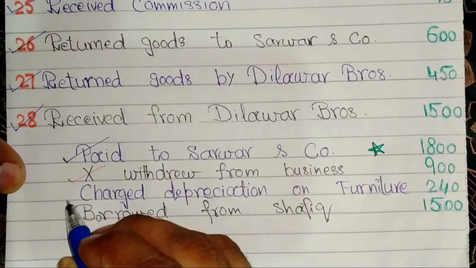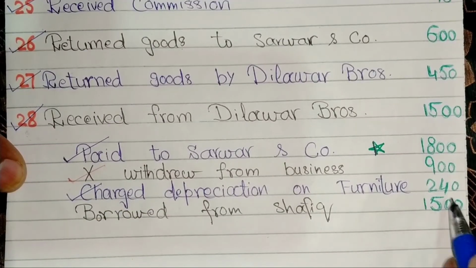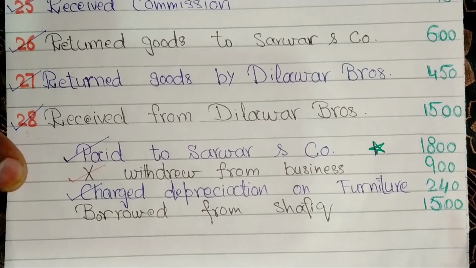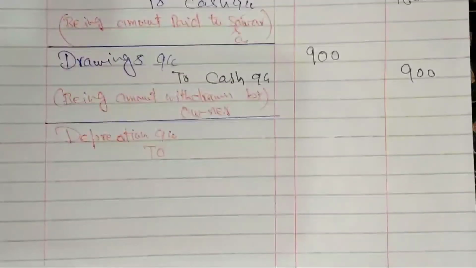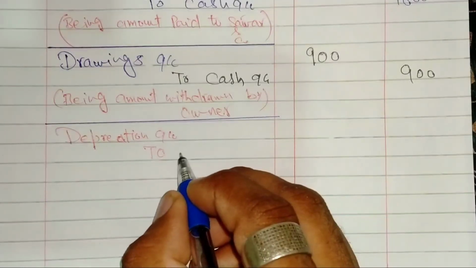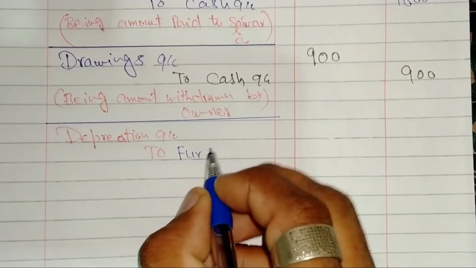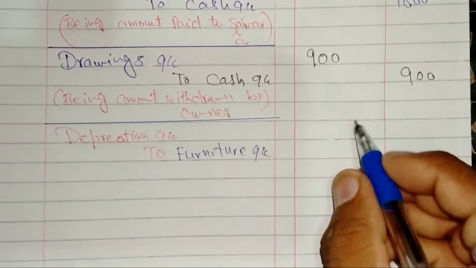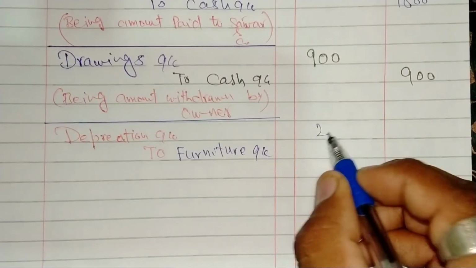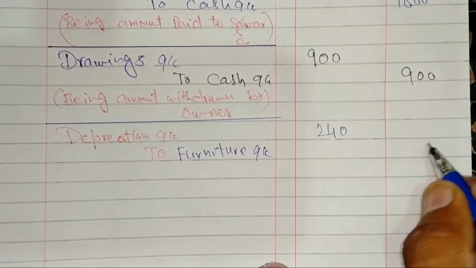Charge depreciation on furniture amounted $240. Depreciation account debit to furniture account credit with amount $240.